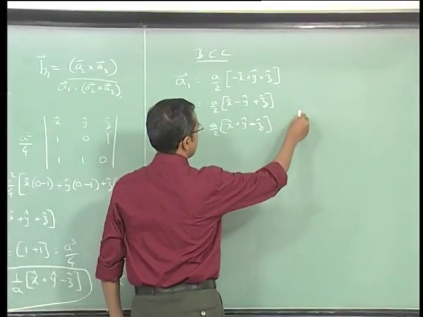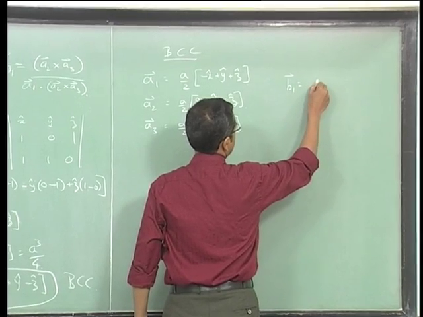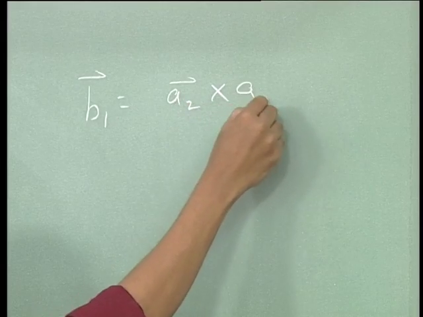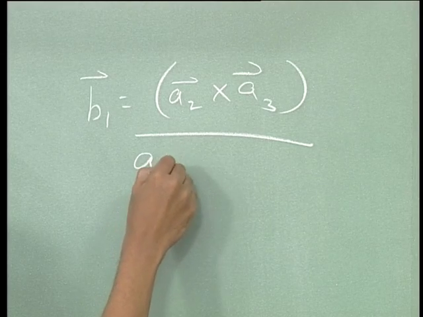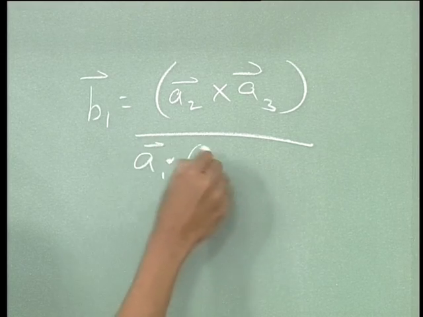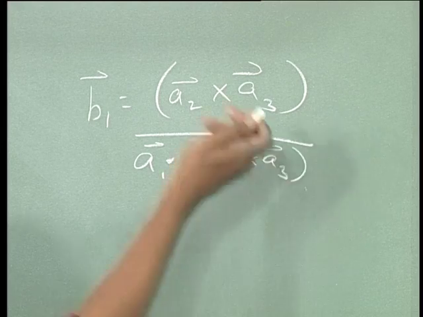We will do a2 cross a3, so b1 is a2 cross a3 divided by a1 dot a2 cross a3. What is a2 cross a3?